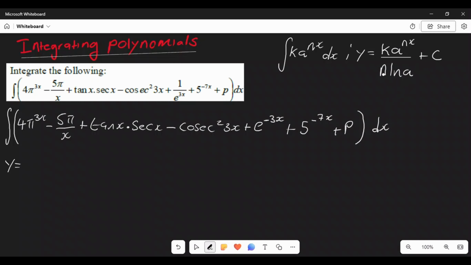So this is the formula that you're going to use for each and every term that has an exponential integral. For example, the first one here, and this one here, and that one here. There are only 3 terms that need this rule here.